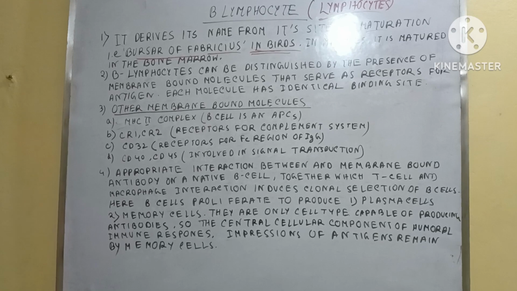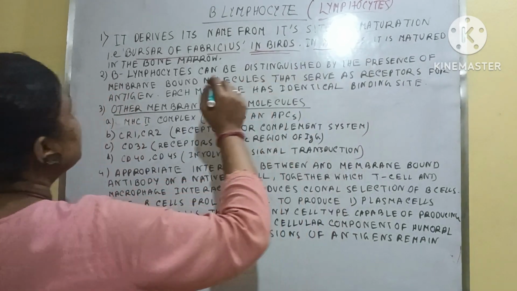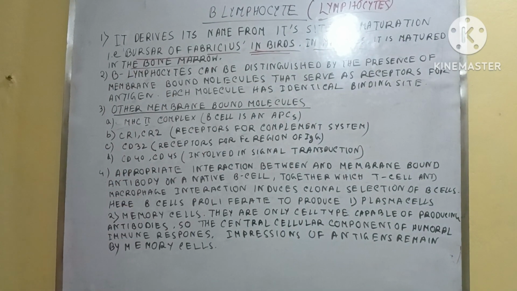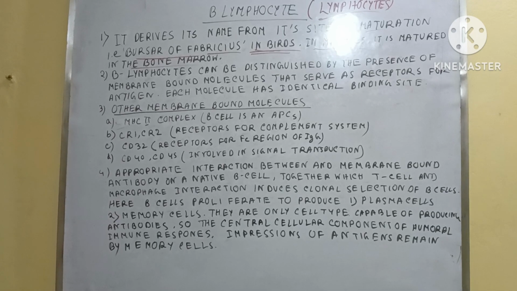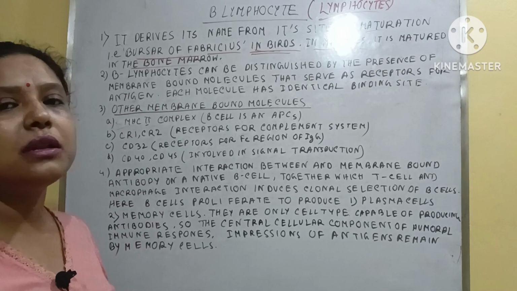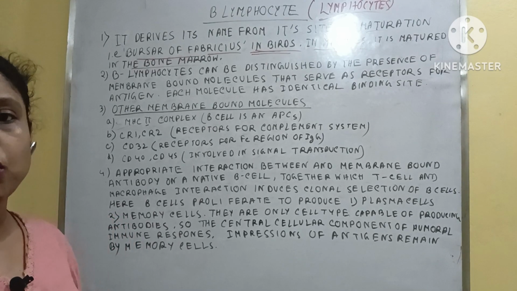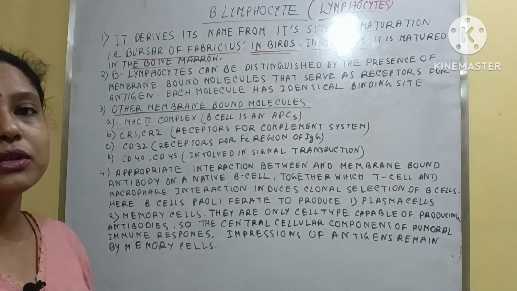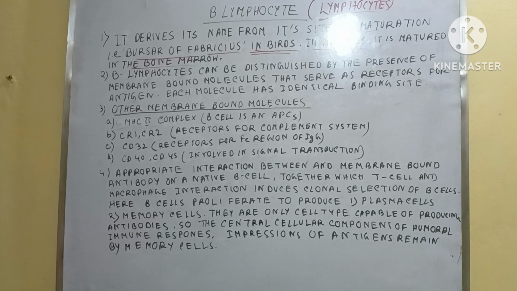But in mammals, generally these are matured in the bone marrow. So obviously, bone marrow has an important role as the production and maturation site of the B lymphocytes.